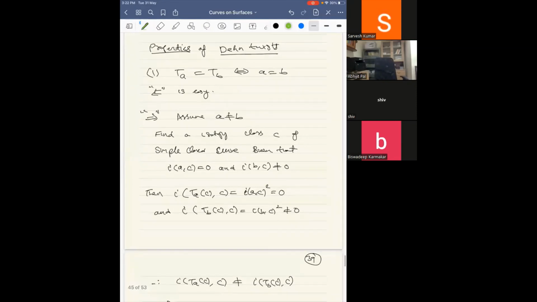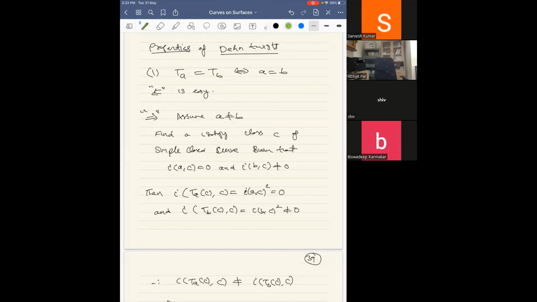How does one accomplish that? For this, you can find an isotopy class C such that the intersection number of A with C is 0 and the intersection number of B with C is non-zero. This can always be done. You can consider different cases here.